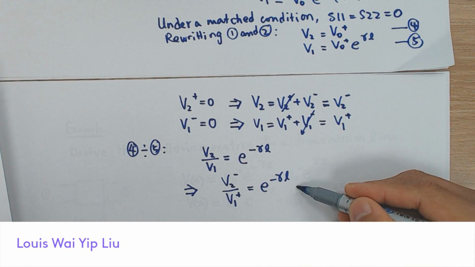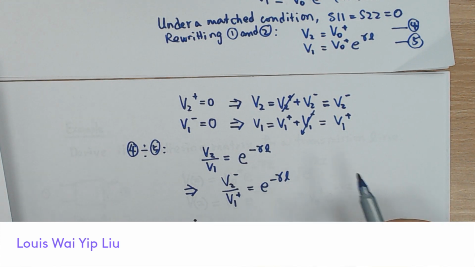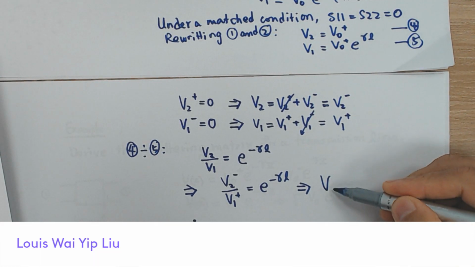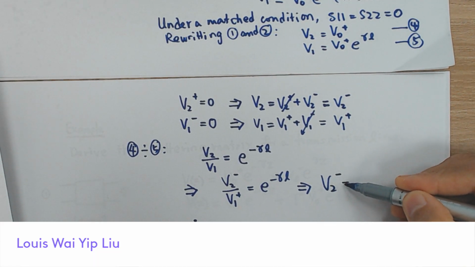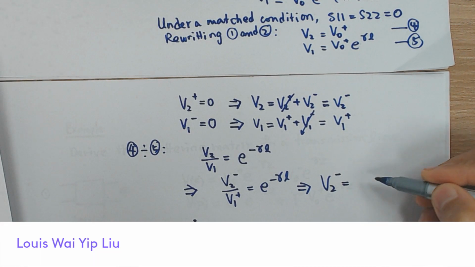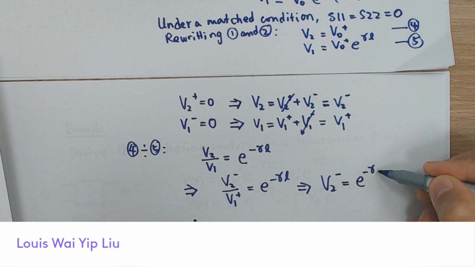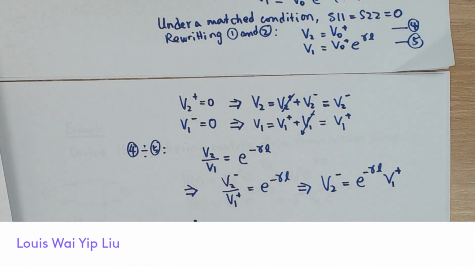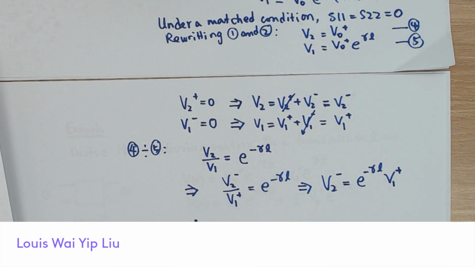So this means V2 minus is equal to V1 plus times this value. So now it's getting very clear.